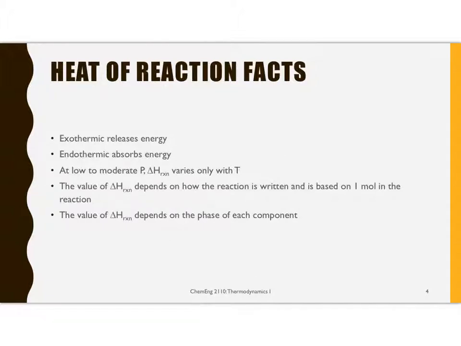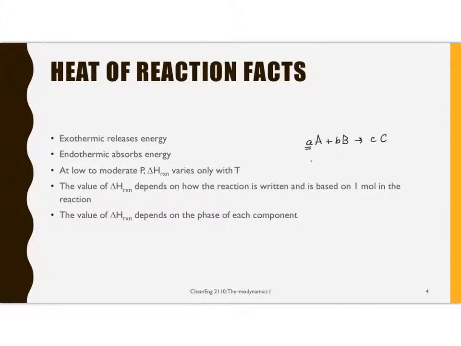And the value of this heat of reaction is going to depend on exactly the way we write our reaction. It's based on 1 mole in the reaction, something with a stoichiometric coefficient of 1. So if you write a reaction with a different stoichiometric balance, for instance, a molecules of A plus b molecules of B makes c molecules of C, then it's per mole and there are a moles in the reaction.